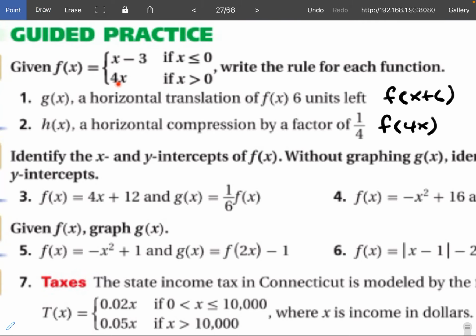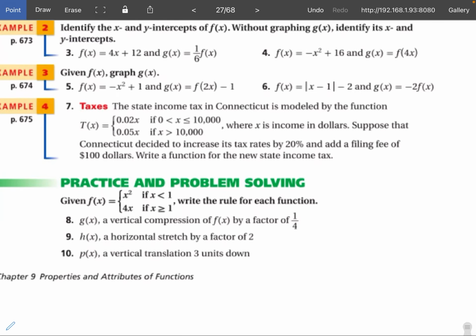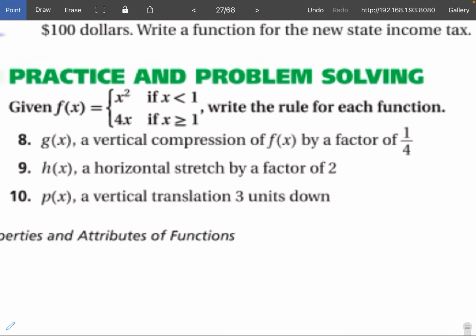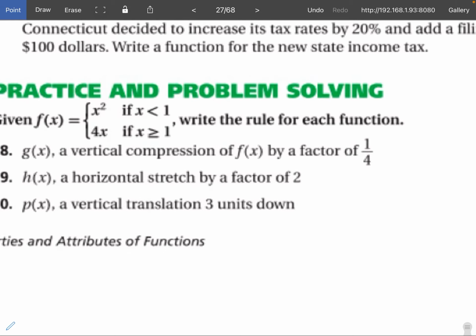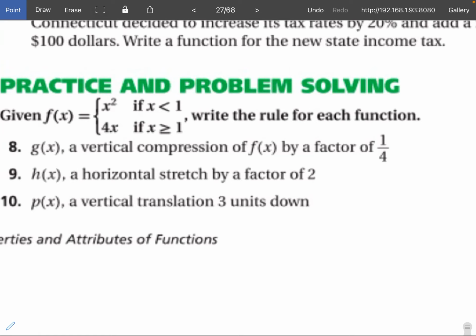Again, it's inside the parentheses because it's horizontal, but it's got to be the reciprocal of that number. So you're going to put a 4x in for this x and that x and the x's in the domain. And then simplify.